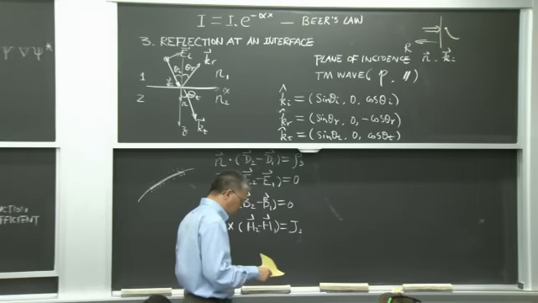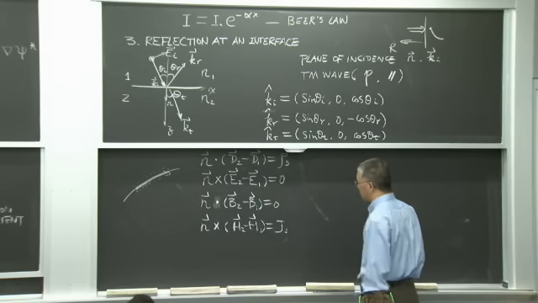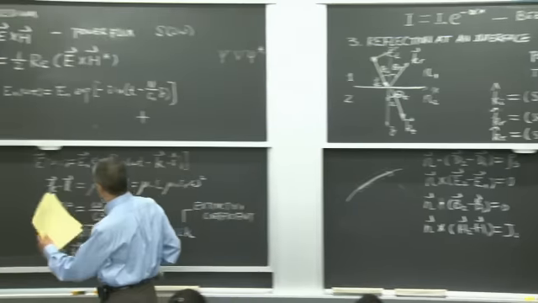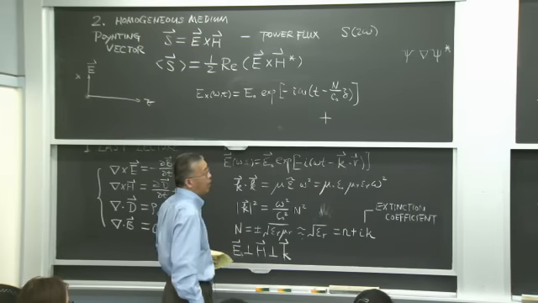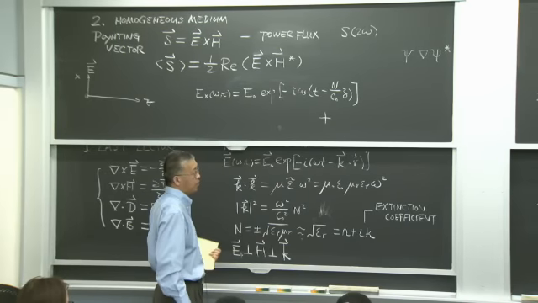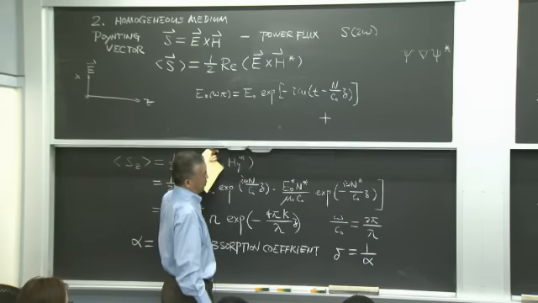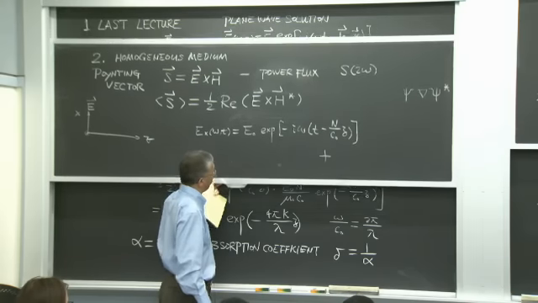Now I'm going to apply those conditions. I need to do a little bit dirtier work: write down all those components, tangential and perpendicular, and then apply the boundary condition.